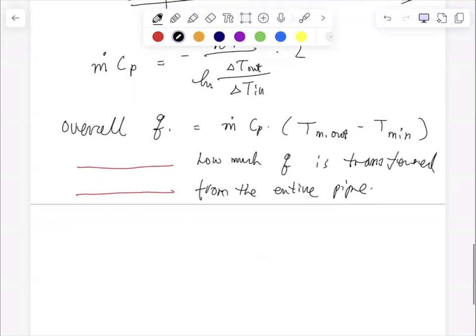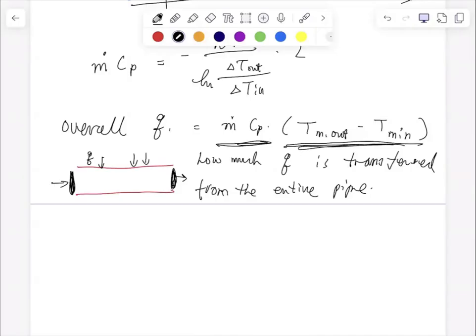So in order to do that, we construct the energy balance of the fluids at the beginning and the fluids at the end. So the amount of Q that has been transferred must be equal to the delta energy between the inlet and the outlet. And how much is it? It is the heat capacitance multiplied by the temperature change of the fluids, the outlet temperature minus the inlet temperature.